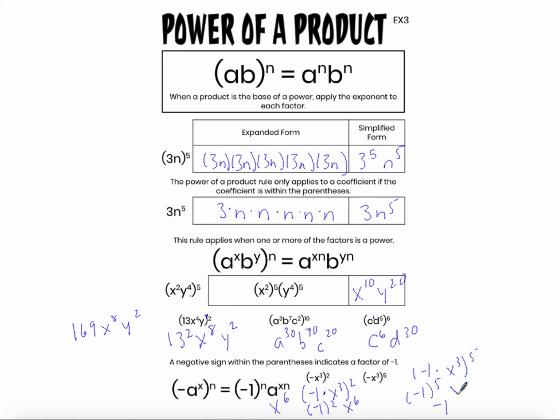So -1 times x to the 15th. That gives me my final simplified expression of -x to the 15th. So the key here is recognizing when there's a negative within the parentheses, we have a factor of -1, which we need to raise to the exponent given.